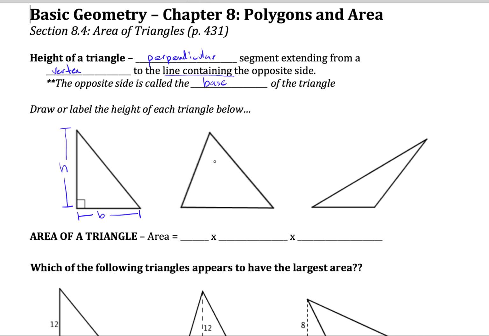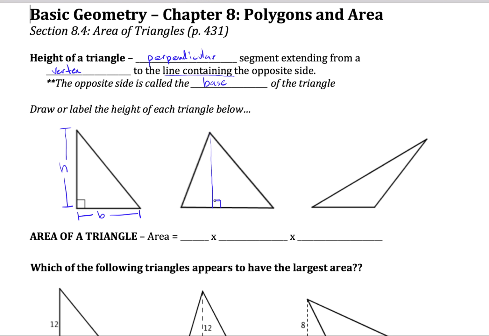Now over here we have an acute triangle, and we're going to measure the height of this triangle. We're going to try and define the height of this triangle from this vertex right up here to this opposite side down here. Now, according to the definition, we need to draw in a perpendicular segment that goes from this vertex down to this side. So that's going to look something like this. It's going to come down from this vertex to this opposite side.